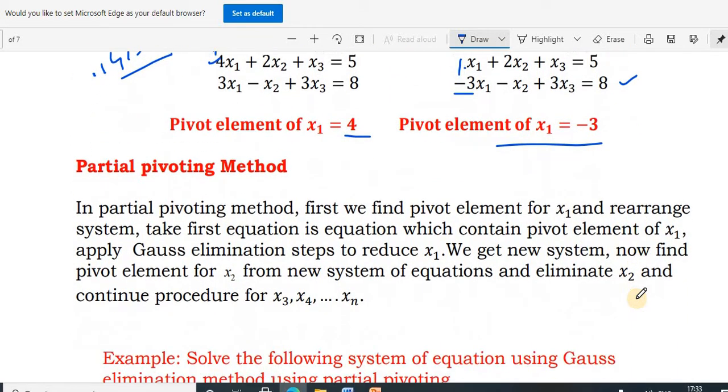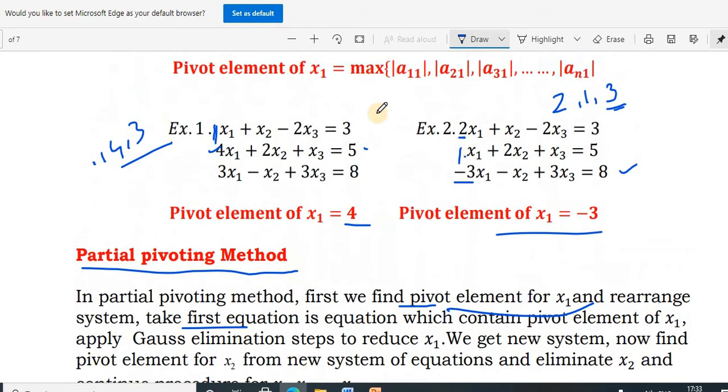Now what is the partial pivoting method? This is a method slightly similar to, with small changes from, Gauss elimination. In partial pivoting, we select the equation which contains the pivot element of x1, rearrange it, and take it as equation 1. And now we eliminate x1 using that equation. Normally, I select this as my first, this as my second, and this as my third.